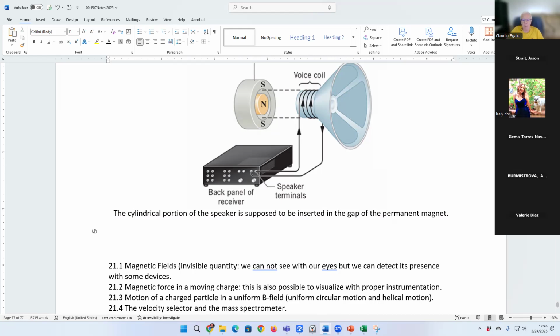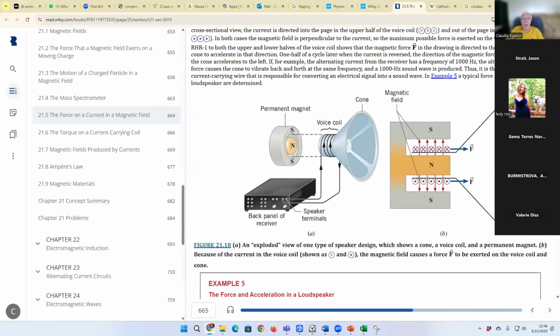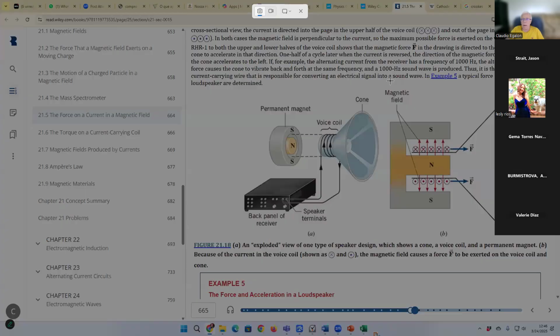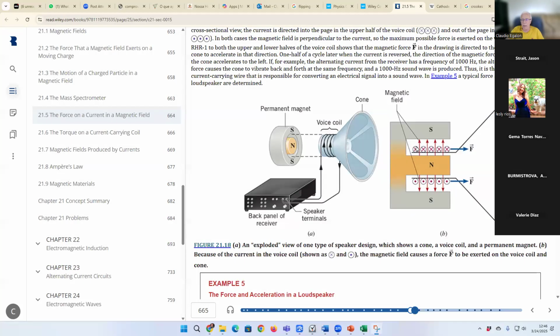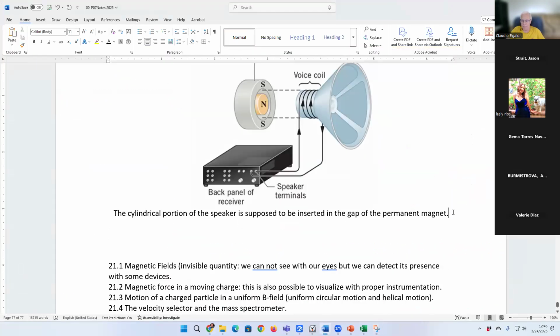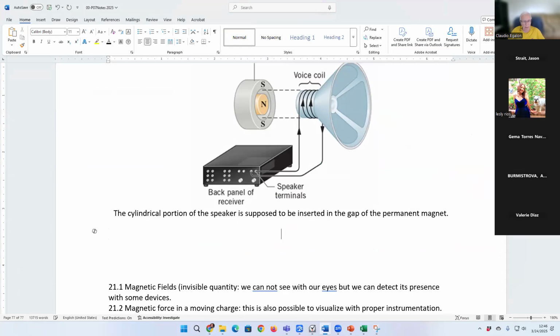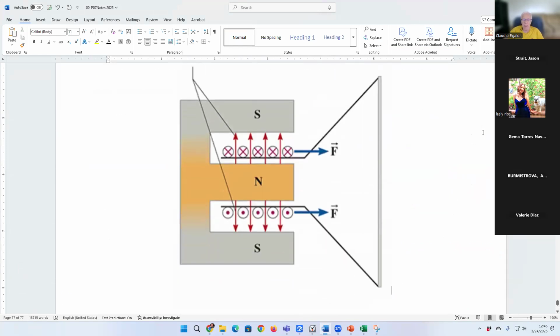And then we need another picture. The other half of the picture is a very good picture, the one you have there. Here you go. Here's the magnet, right? Here's the cylinder inserted into the magnet. Four more minutes to go, okay?